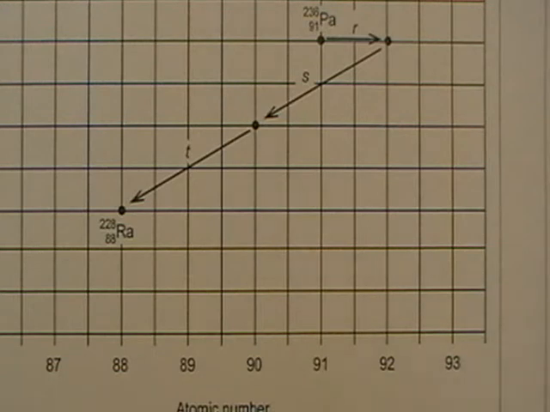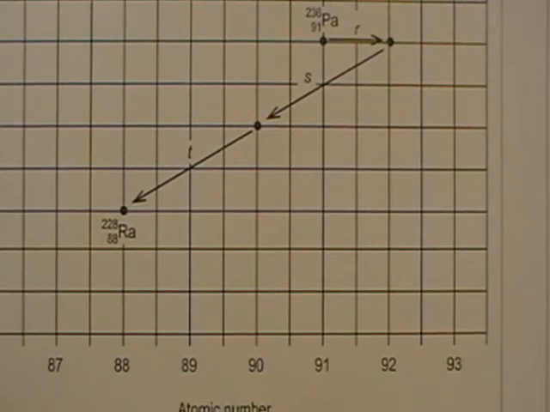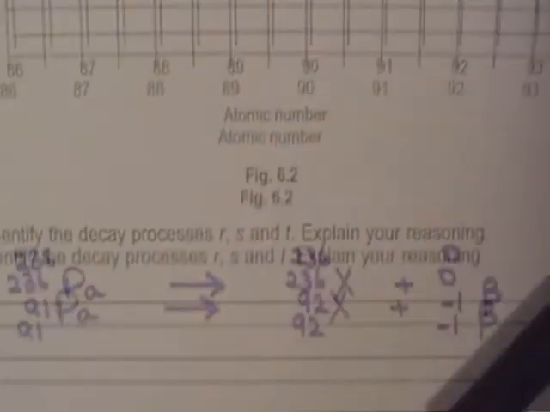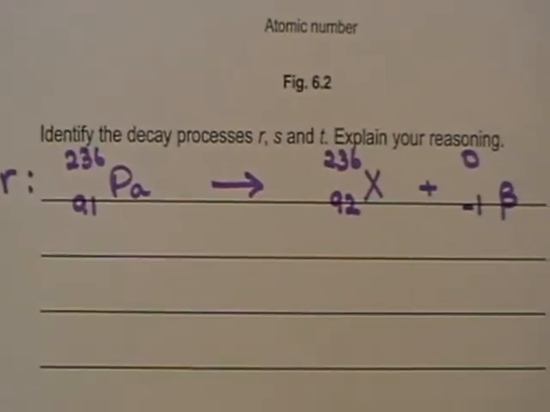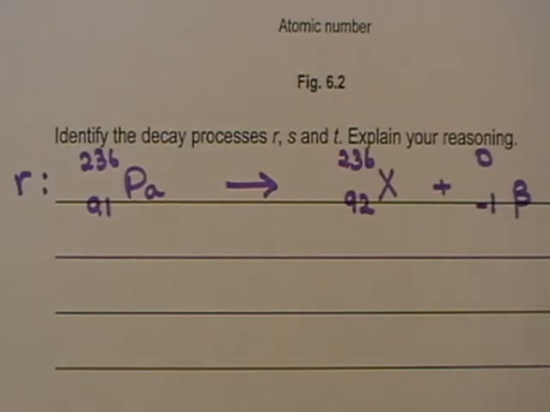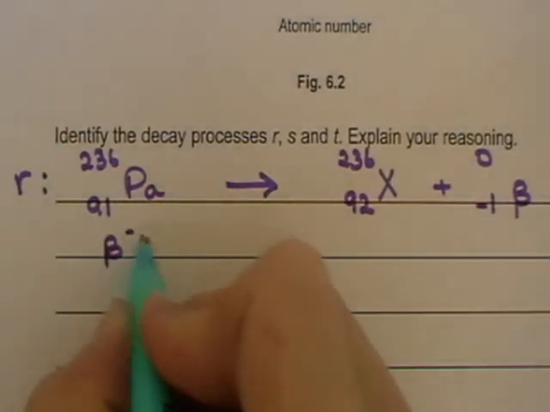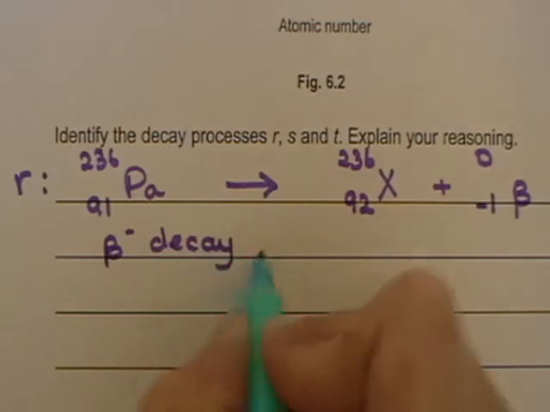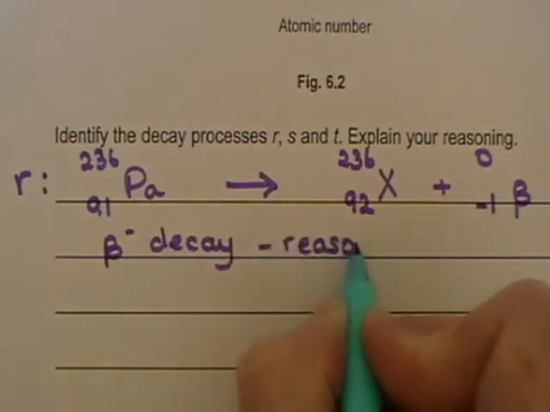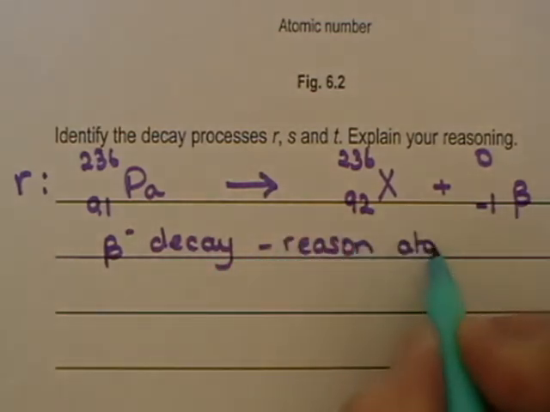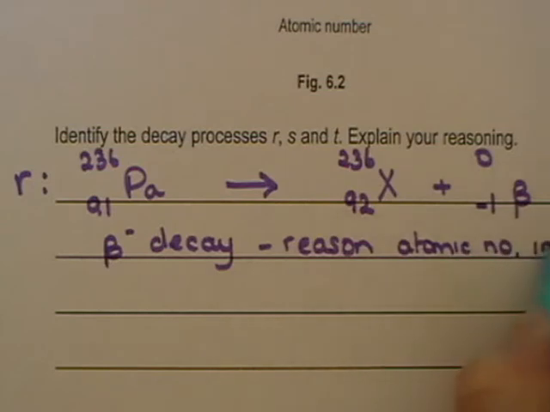So therefore its mass number hasn't gone down, so that's a 0, but this one has increased by 1, so this must be a -1. So the decay process R then is a beta minus decay, and the reason is the atomic number increased by 1.